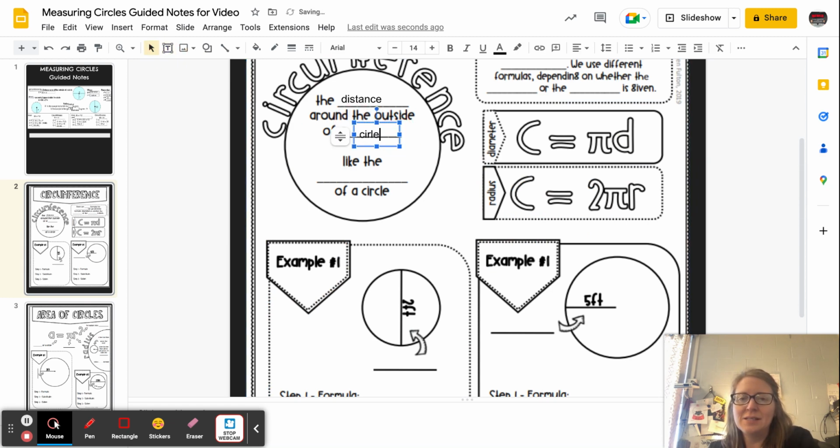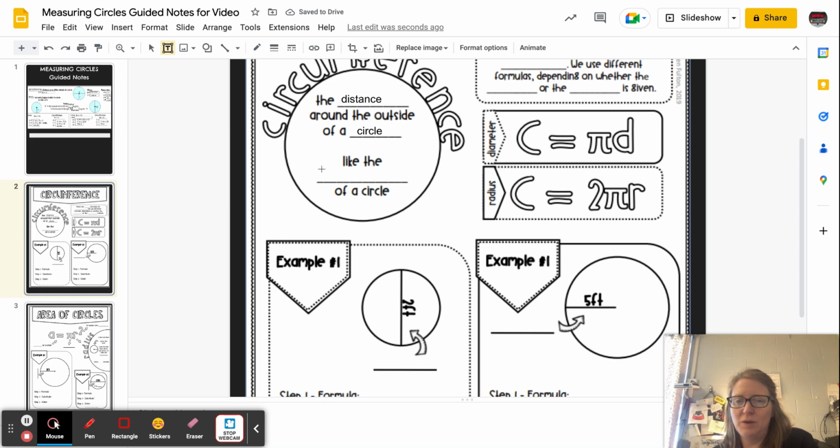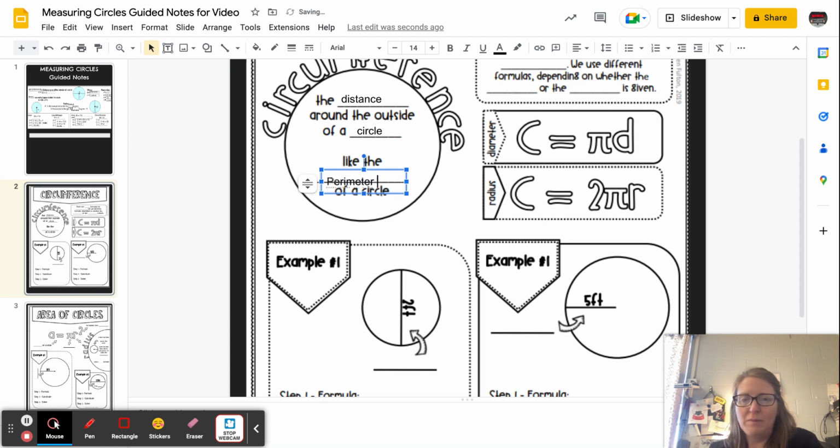And what this is, it is kind of like the perimeter of the circle. So when you think about the perimeter, it's the distance around, it's like a fence or that kind of thing. The circumference of a circle is like the perimeter of the circle, okay?